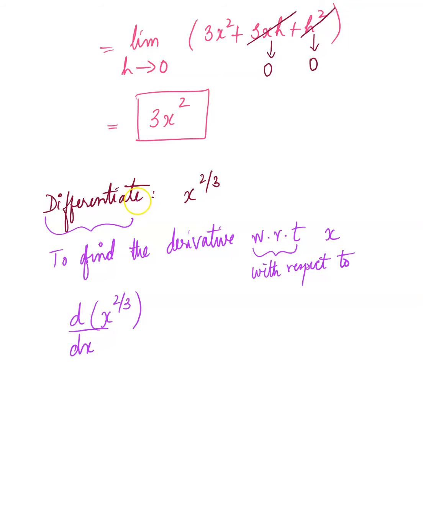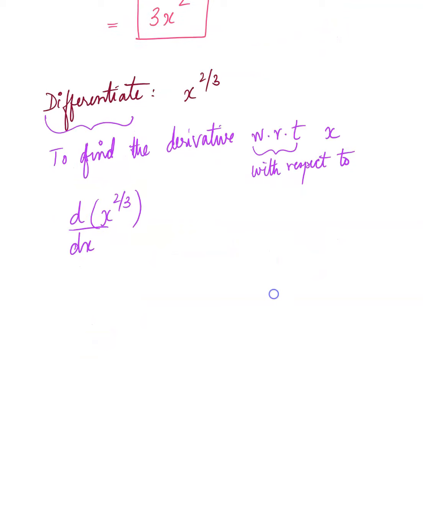Now if it's differentiate t power 2 over 3, then it has to be with respect to t. So it'll be d over dt of t power 2 over 3. When they do not give you much detail, it really helps us to see how we interpret the problem. All right, so I'm going to find d over dx of x power 2 over 3.